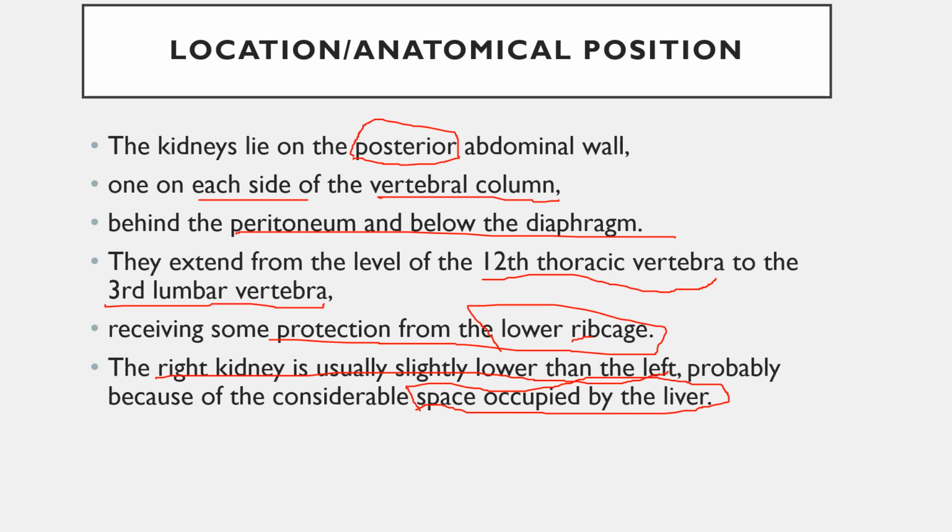So they are saying that the reason the right kidney is lower than the left is because the space is occupied by the liver. The liver pushes the kidney down, and the left kidney is at the top. So that's what they mean.